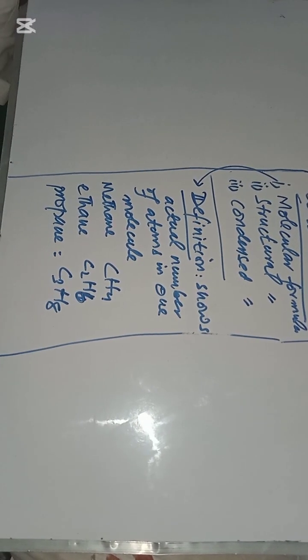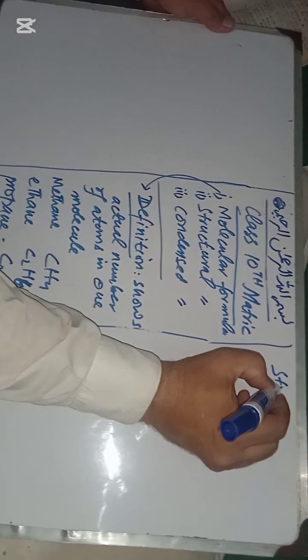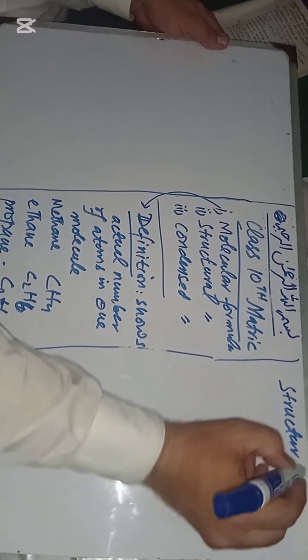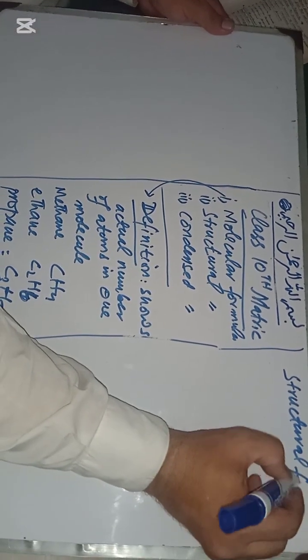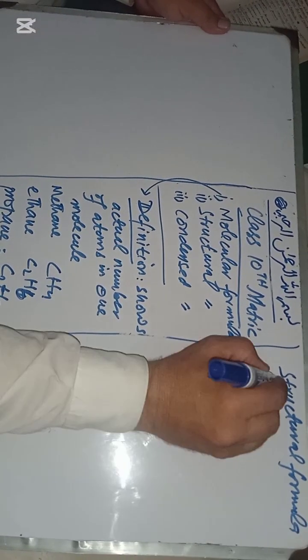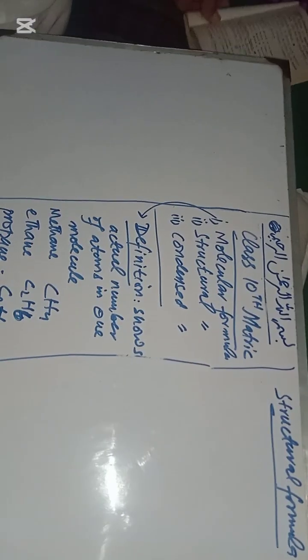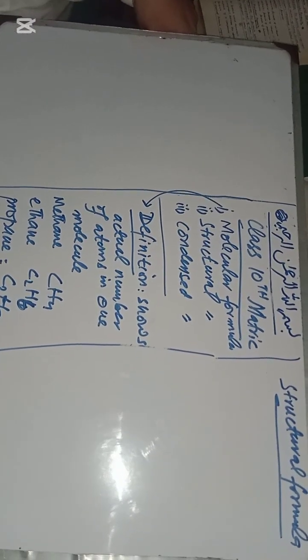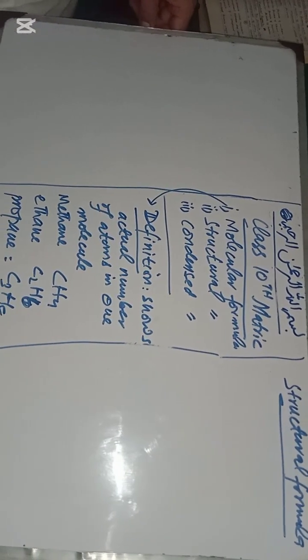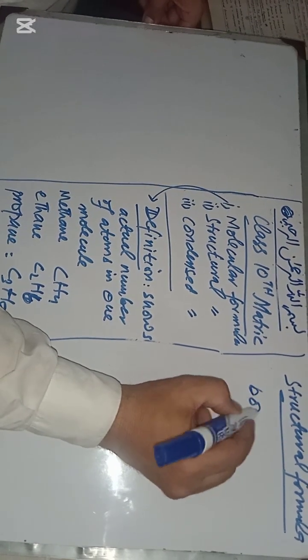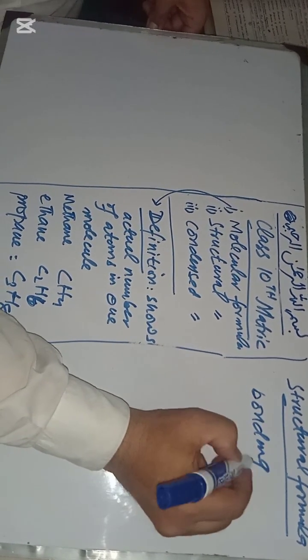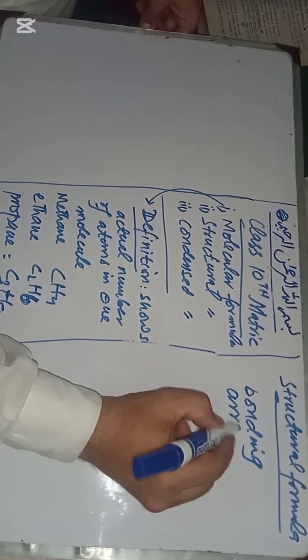Now the structure formula. What is the structure formula? The structure formula can be defined as the formula which represents the bonding arrangement between the atoms.